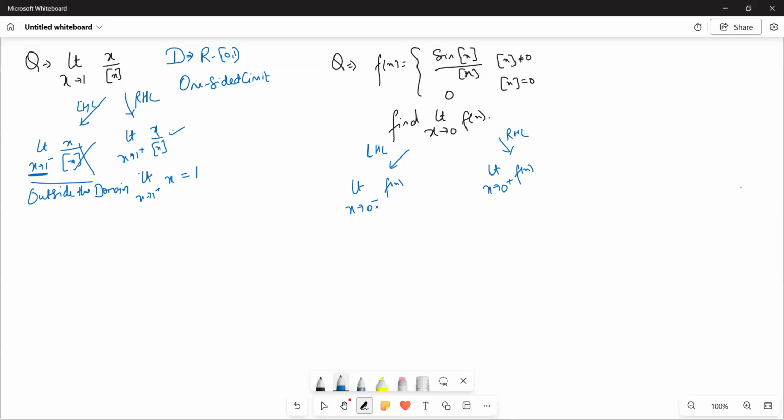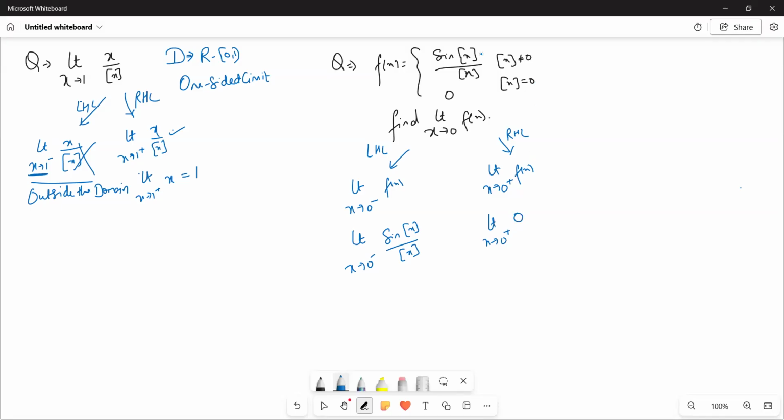For the left-hand limit, 0 minus fx would be sine of box x by box x. And what would be fx for the right-hand limit? Zero. Correct. Limit x tending to 0 plus fx would be defined as 0.